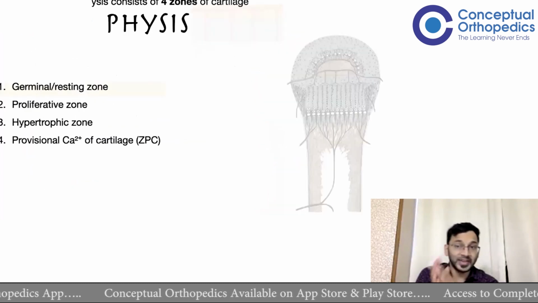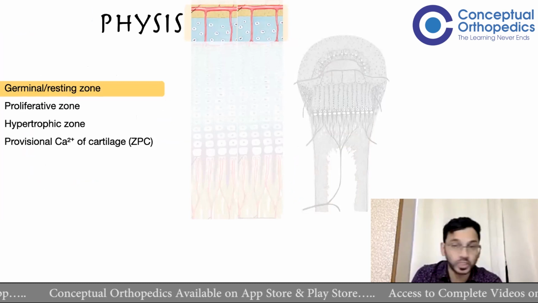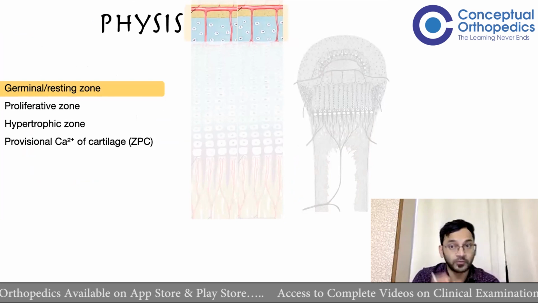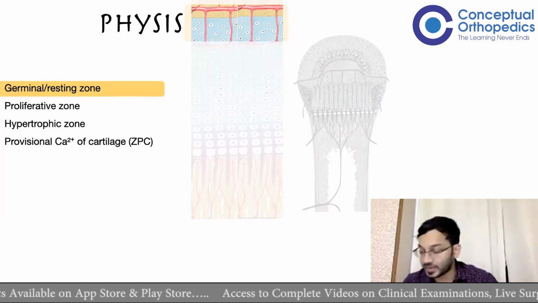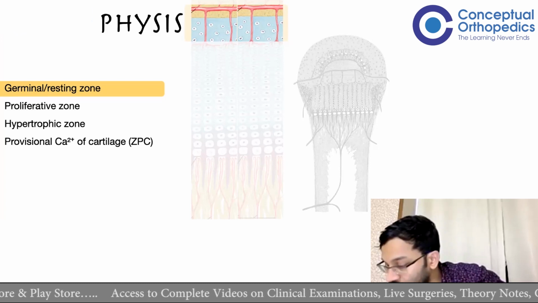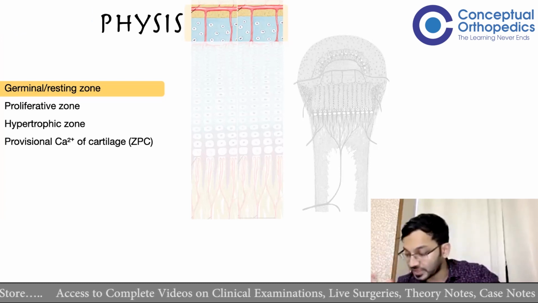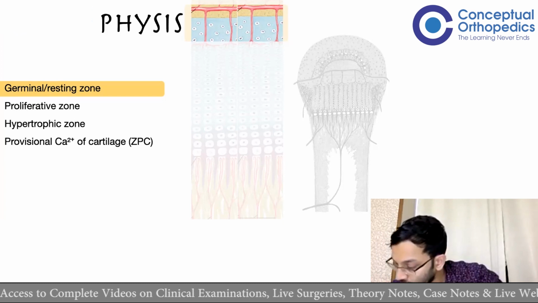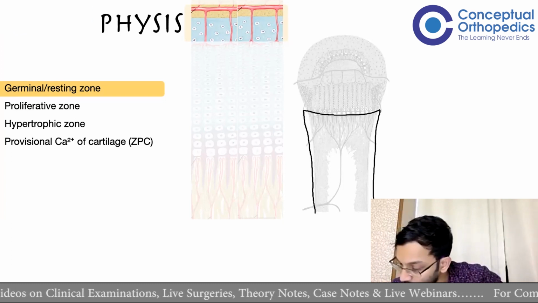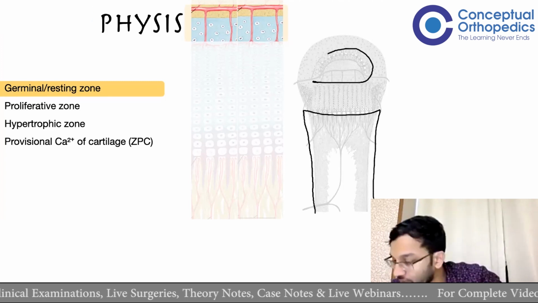Okay. So if we take a cross section, that's the same cross section of the horizontal physis. The first zone is the one closest to the epiphysis. If I show it to you in the diagram here, when we see an X-ray, we see the bone till here, and then we can see an epiphysis over here.